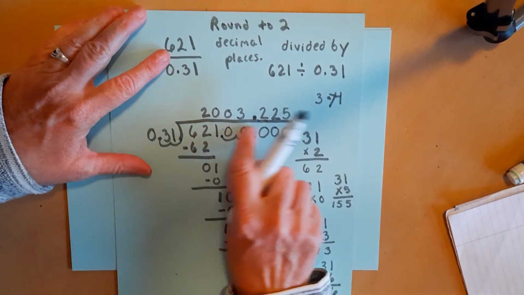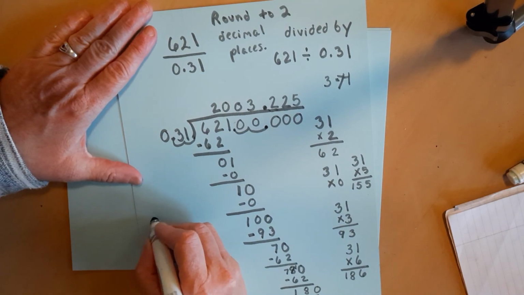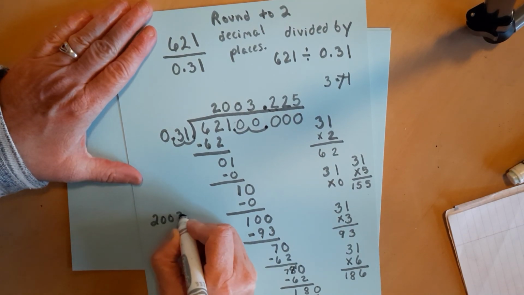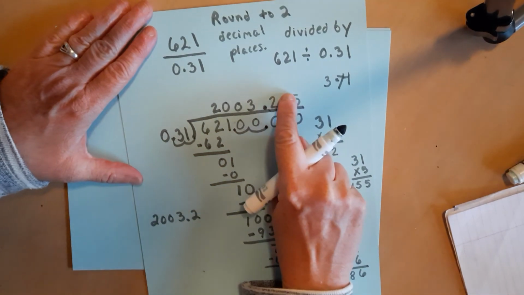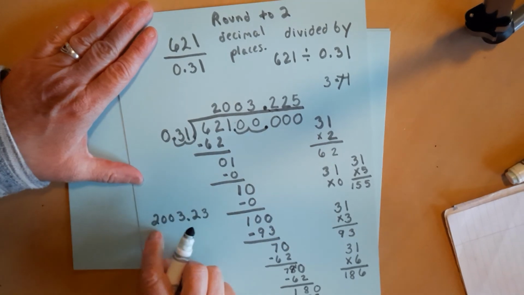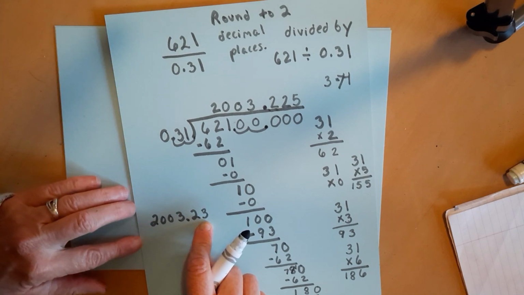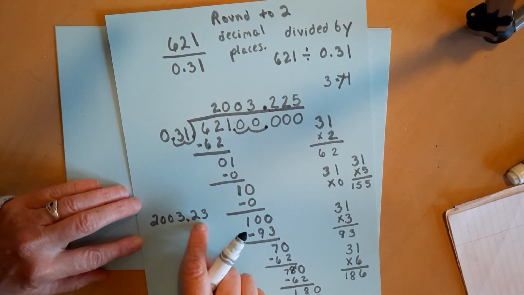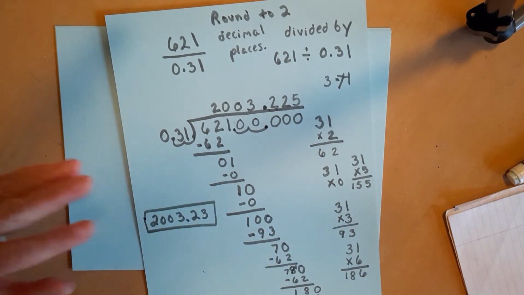So rounding this answer to 2 decimal places would give us 2003.2, and we have to go up because this 5 is going to make this 2 go up 1. So we have 2003 and 23 hundredths, 2003.23. So that would be your answer.